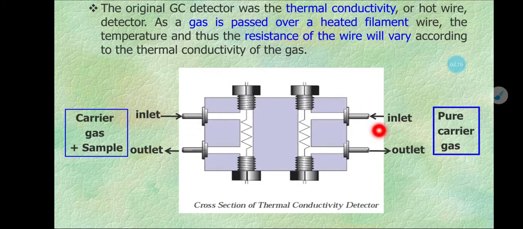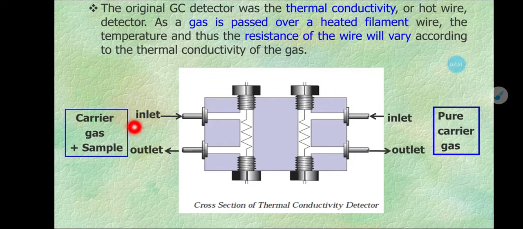In the reference side, pure carrier gas passes through the inlet, over this filament, and comes out. On this side, the carrier gas along with sample, or we can say effluent coming from the column, will pass through this inlet and over this heated filament, and then this is the outlet.